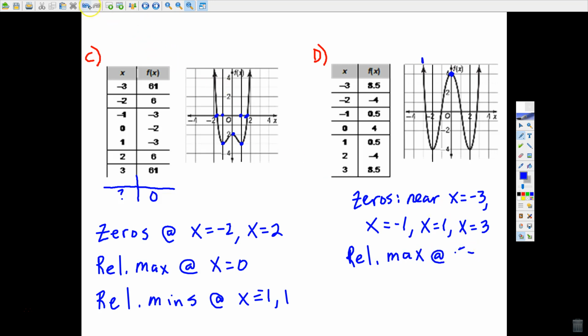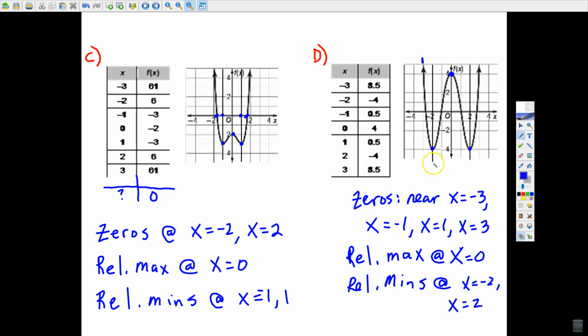Precisely it's 0.04, but we're just going to state it in terms of the x values. And then we have these 2 here down at the bottom. They would be considered relative minimums, relative mins at x equals negative 2 and x equals positive 2.